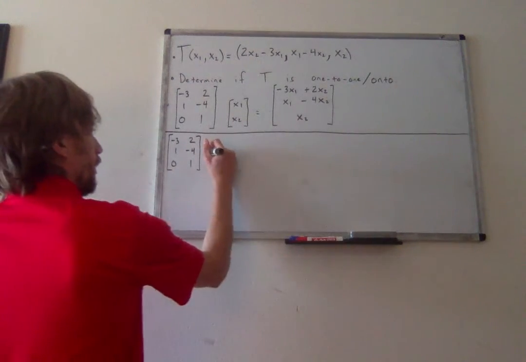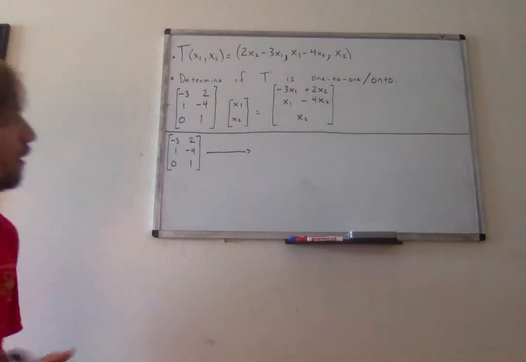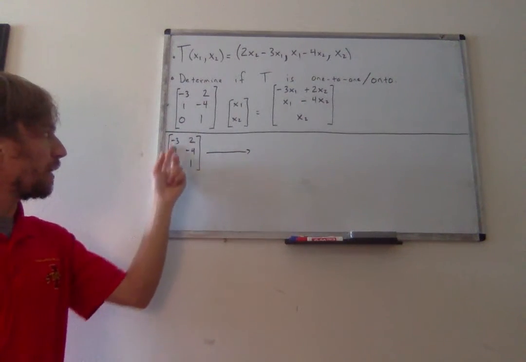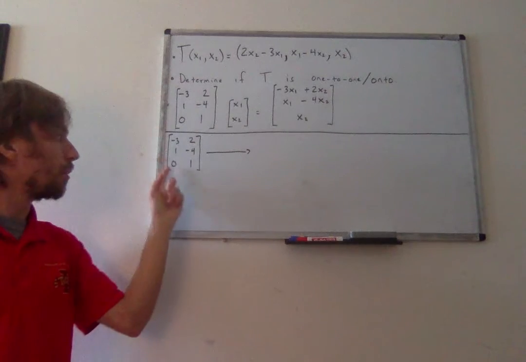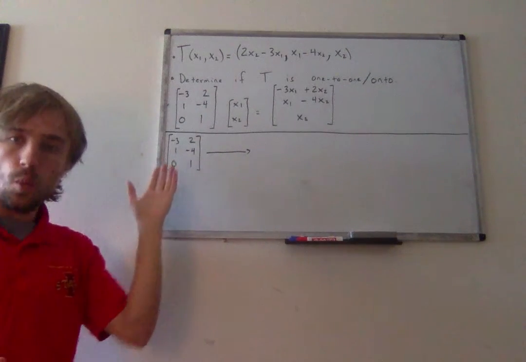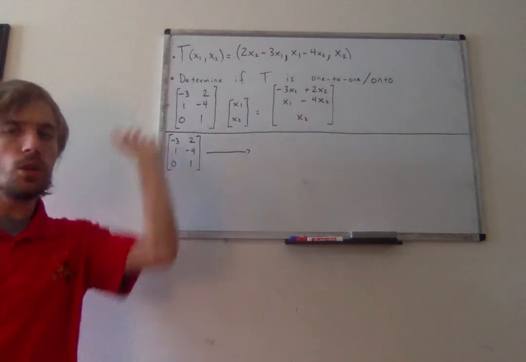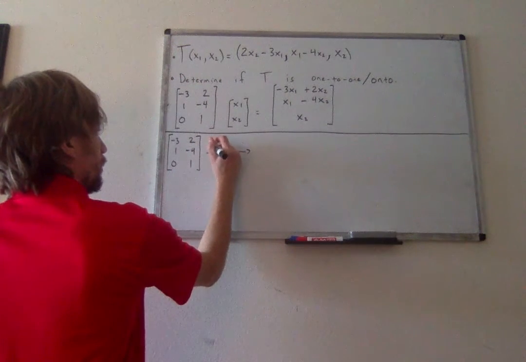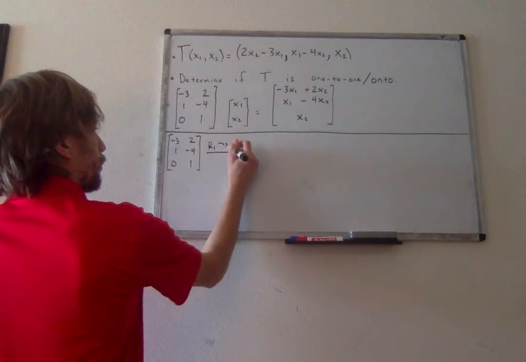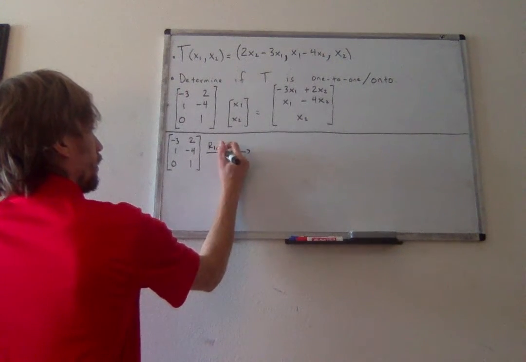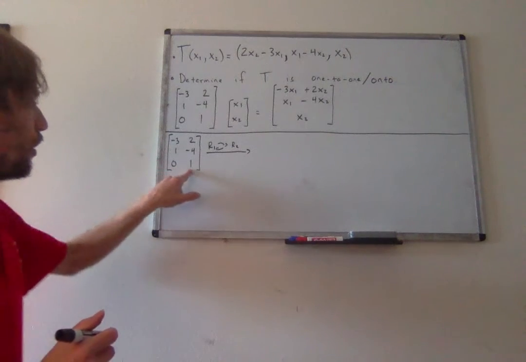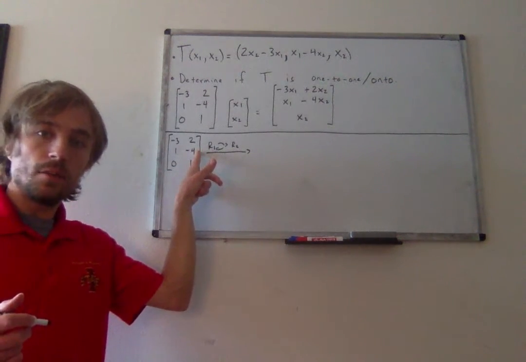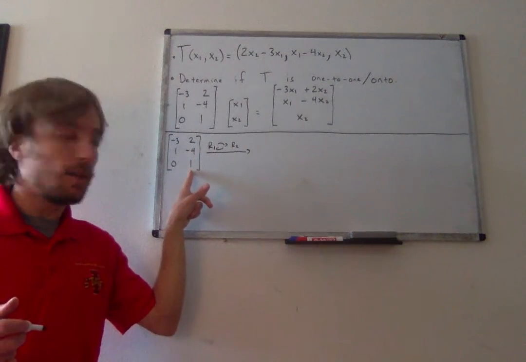I'm going to do a couple of row swaps at the start of row reducing, because I want a leading one at the top of this column. Anytime I see a 1 in column 1, I'll almost always just move that 1 straight to the top. So I'm going to swap row 1 with row 2. Now I also want a 1 in this position in the second column, and I already see a 1 in the second column.